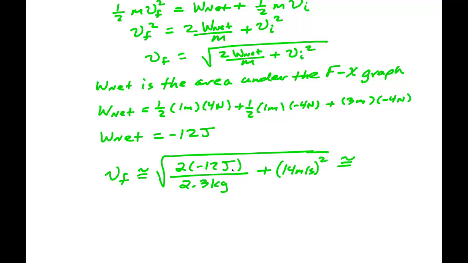There's negative work, so it's going to slow down, so this will be less than 14. 2 over 2.3 is about 1, times minus 12. 14 squared is 196, so this is going to dominate, so it's going to be just a little bit less than 14, and I came out with 13.6 meters per second.